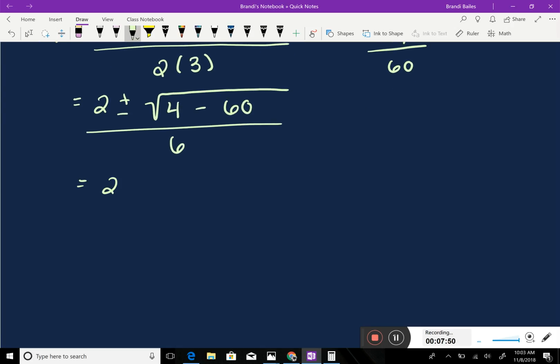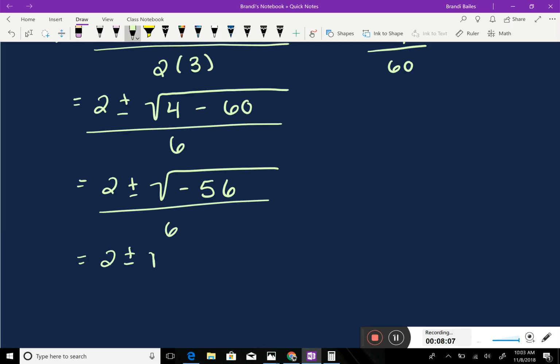So this gives me a 2 plus or minus negative 56 all over 6. And I want to get rid of this negative on the inside. So to do that, I will write the i on the outside. 2 plus or minus square root 56 i over 6.